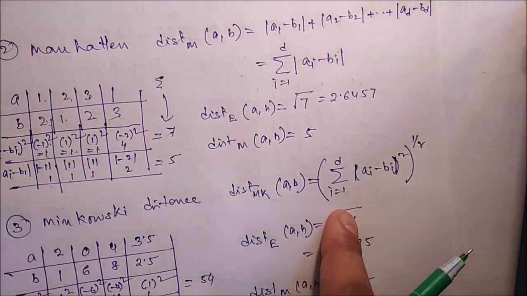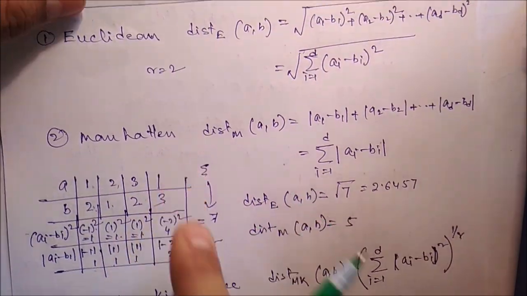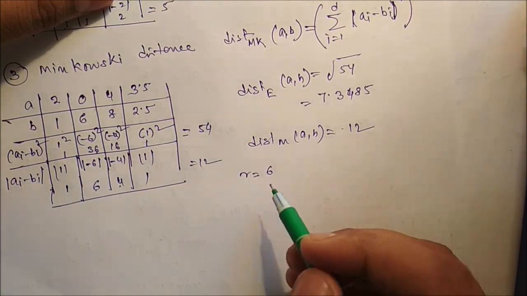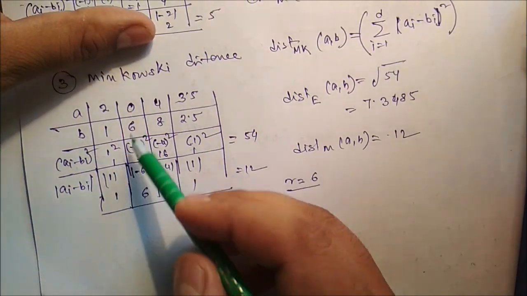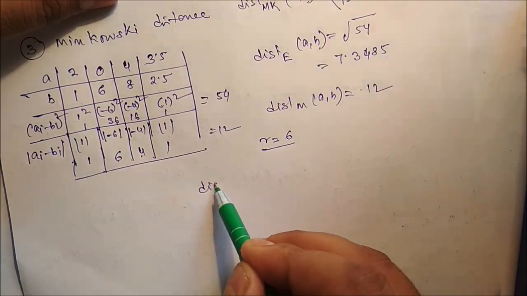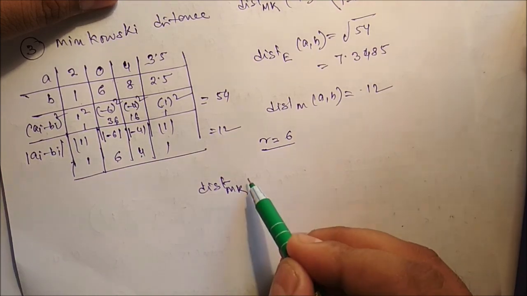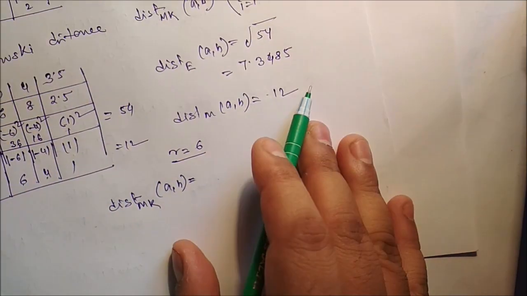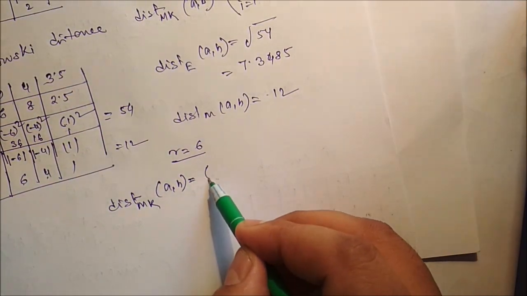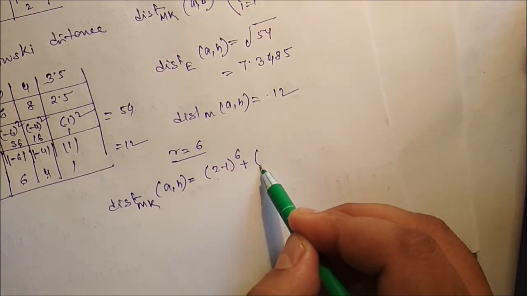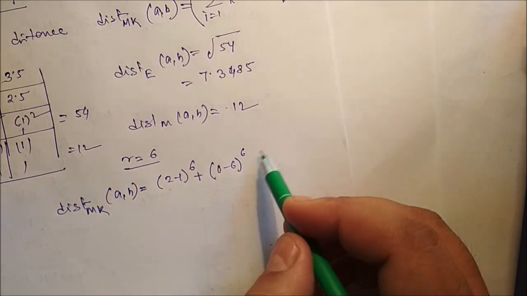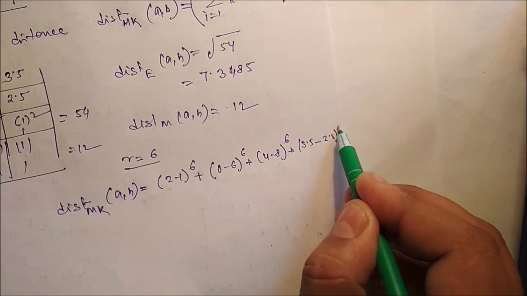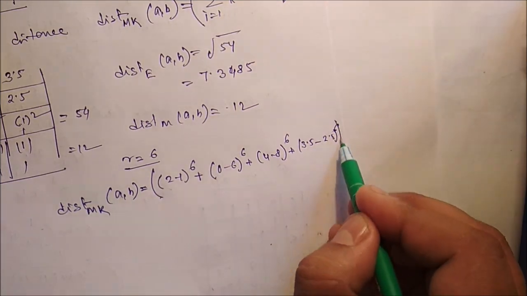If, say, r is equal to 6, then the Minkowski distance between A and B is (2 minus 1) to the power 6 plus (0 minus 6) to the power 6, (4 minus 8) to the power 6, (3.5 minus 2.5) to the power 6, whole to the power 1 by 6.